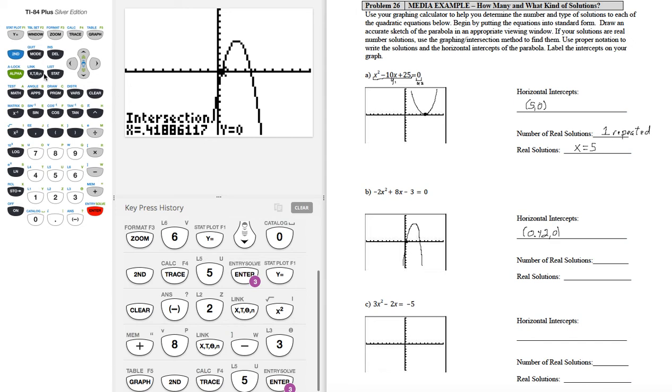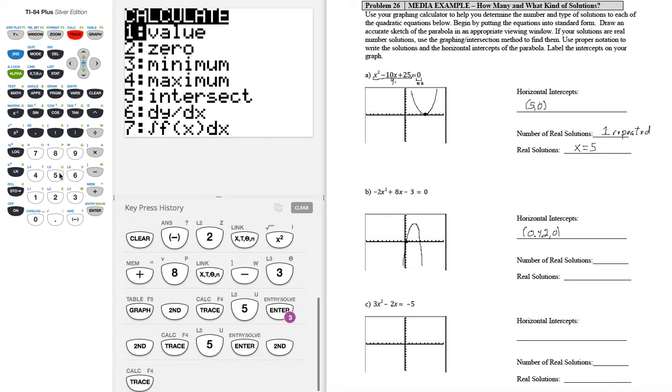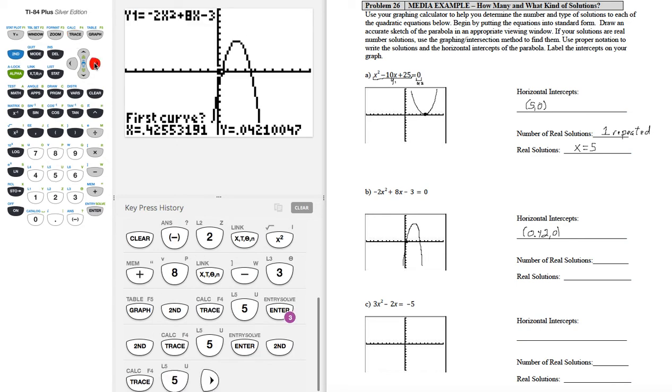And let's find the second one, second calc, number 5. I'm going to need to run that process again, because I've got to move my cursor. If I don't move my cursor, I'm going to get the same intercept that I just got for the first round. There we go. Now I can do it again.